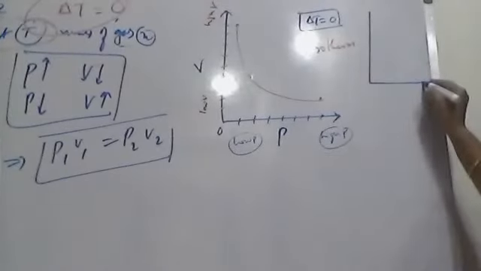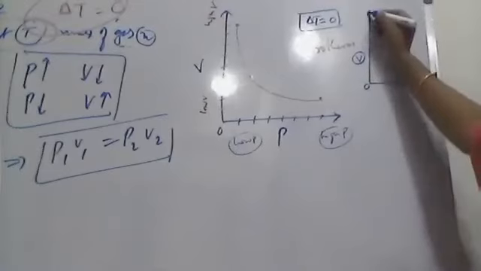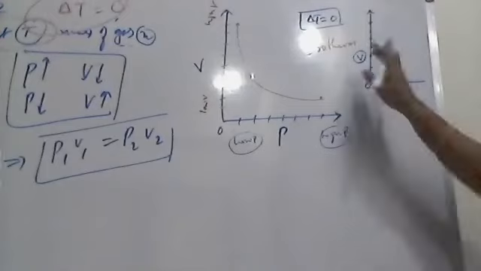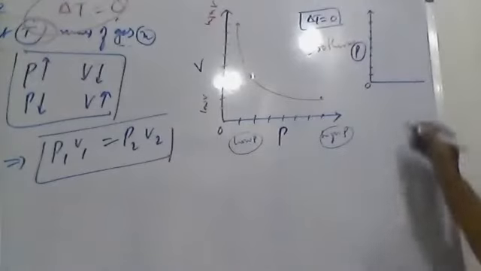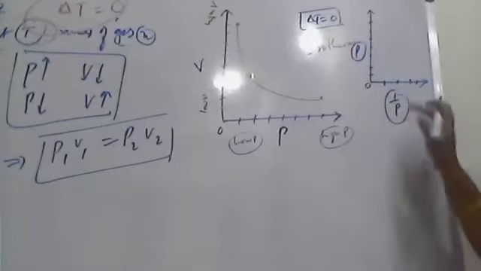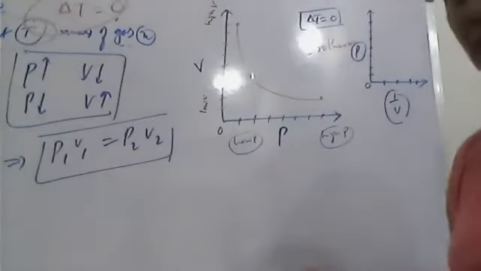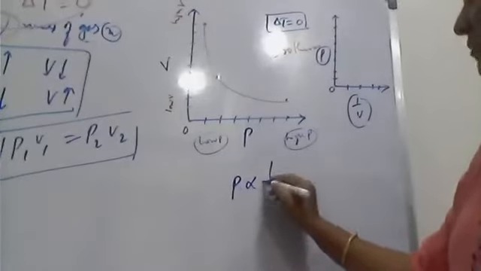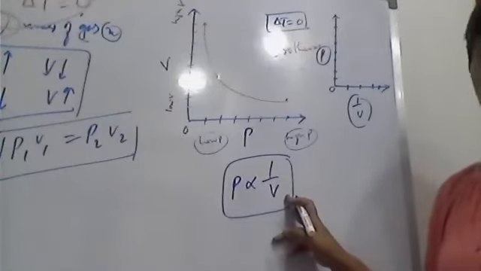This time, on the y-axis, I'm taking pressure, your wish, and along the x-axis I will take 1 by V. Now see, according to Boyle's law, pressure is inversely proportional to volume, or pressure and volume are inversely proportional to each other.